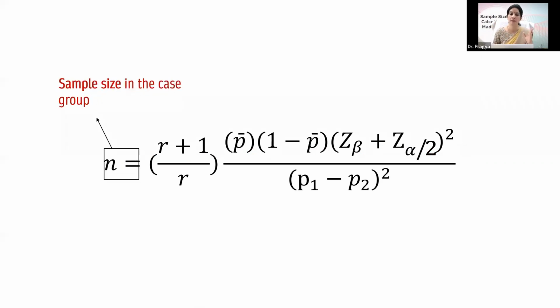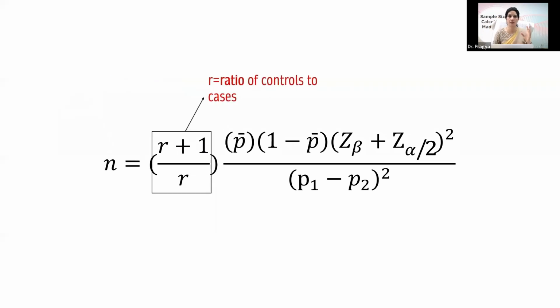Remember, we calculate the sample size in the case group, and then, according to our convenience, we decide the ratio of cases to controls, 1:2, 1:3, 1:4, depending on the availability of cases. But you don't need to remember or calculate using this formula. This formula is running behind in the statulator. Just for information or knowledge purposes, we have given this formula. Don't get nervous by seeing this long formula. It is just for your knowledge. Just have a look at it.